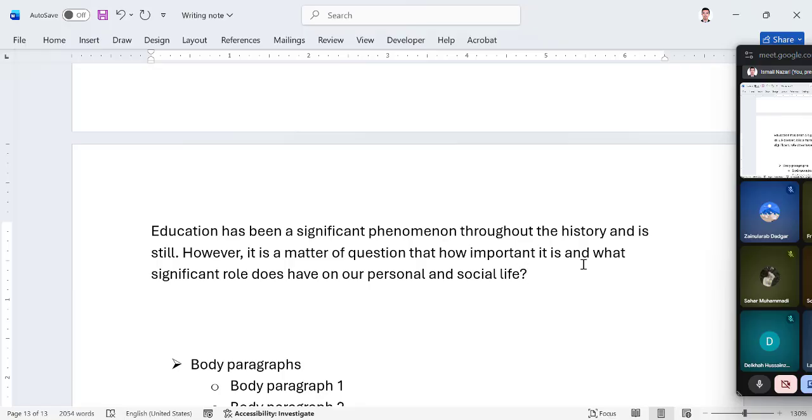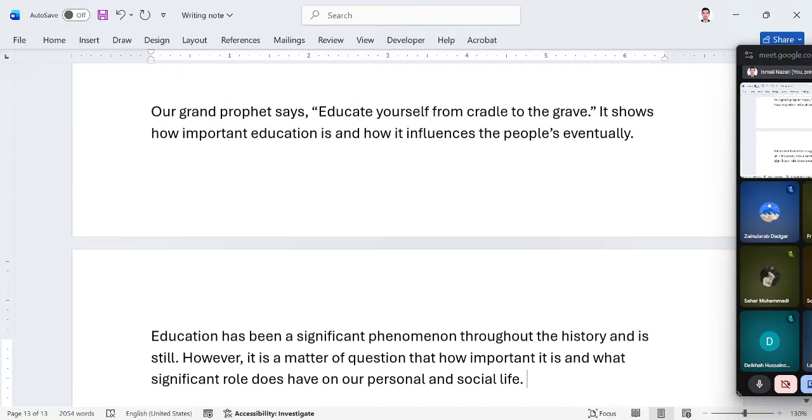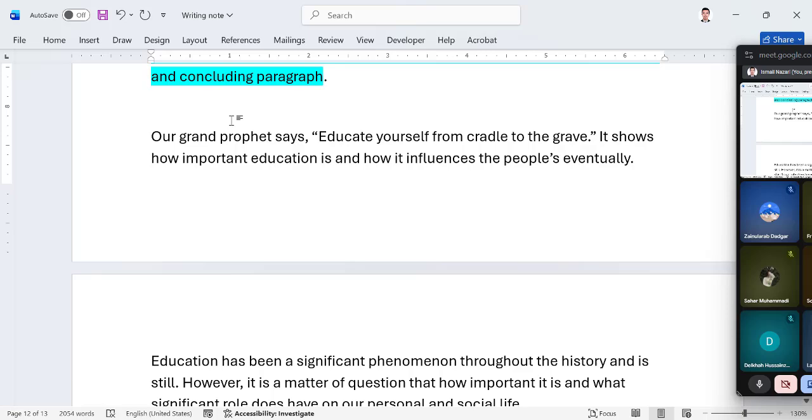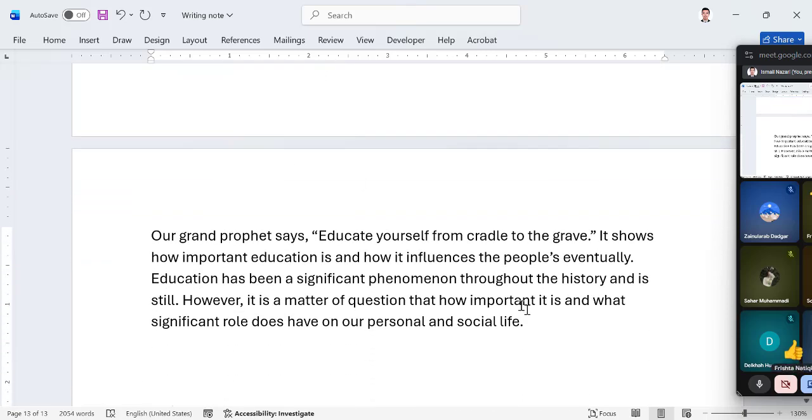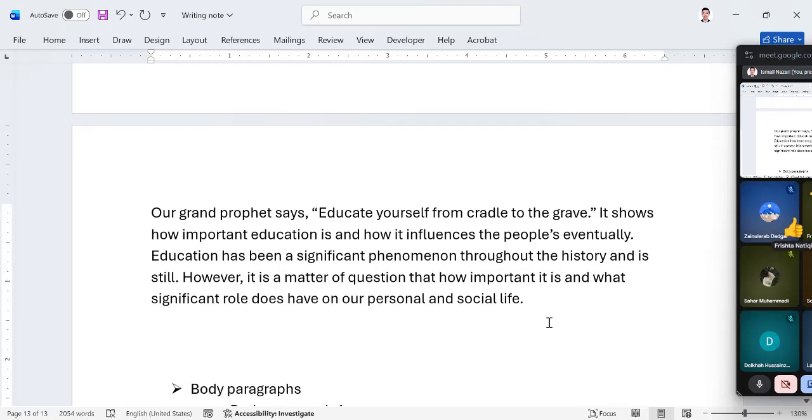So it's a matter of question. So it can be this much. We can have a hook and connecting information this much. Now we will go ahead with the thesis statement.